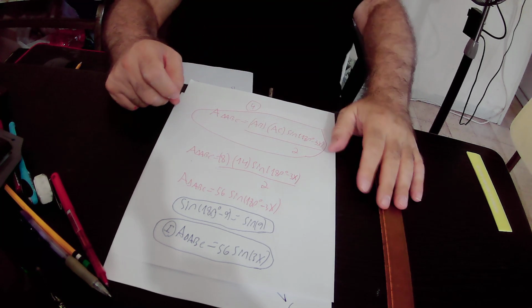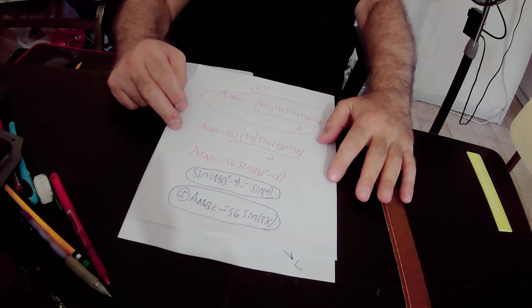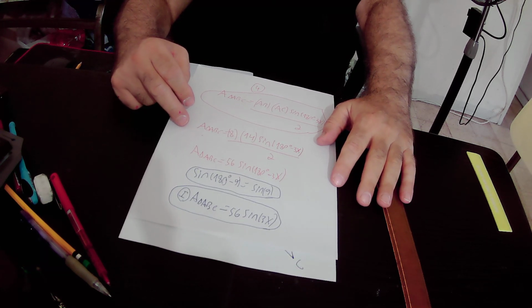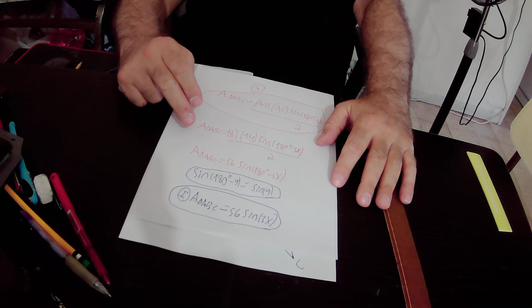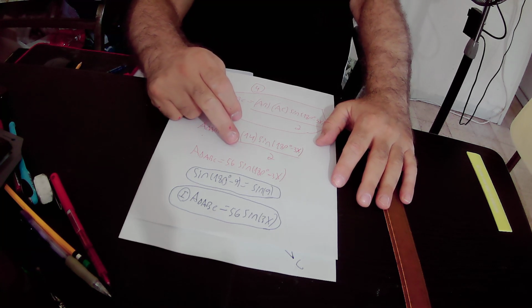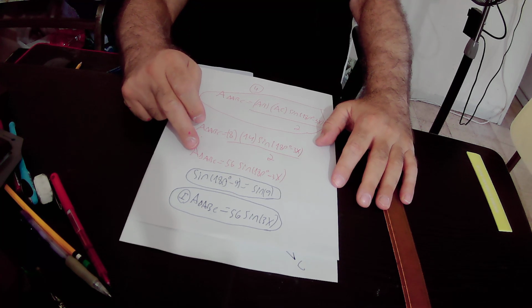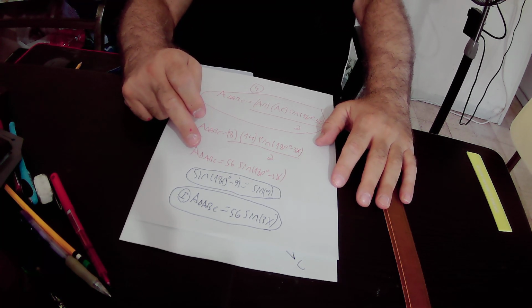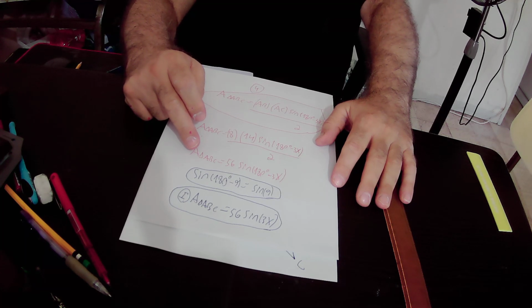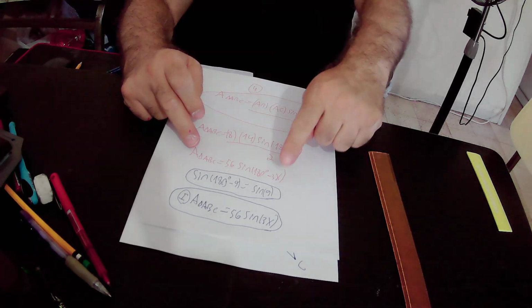So we got that the area of triangle ABC equals 56 times sine (180 degrees minus 3x), but we have the trigonometric identity that states that sine (180 degrees minus alpha) equals sine alpha.